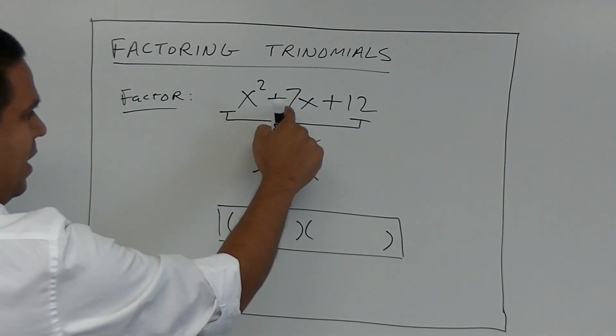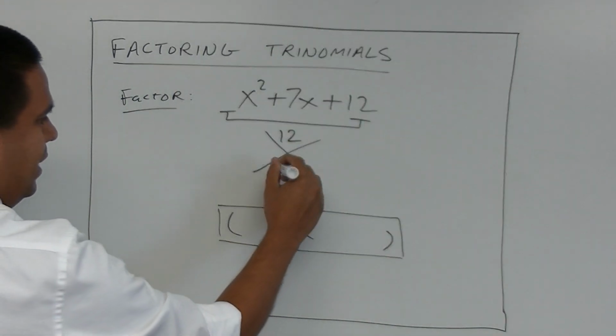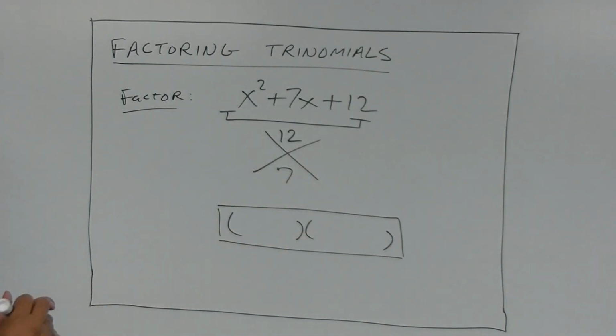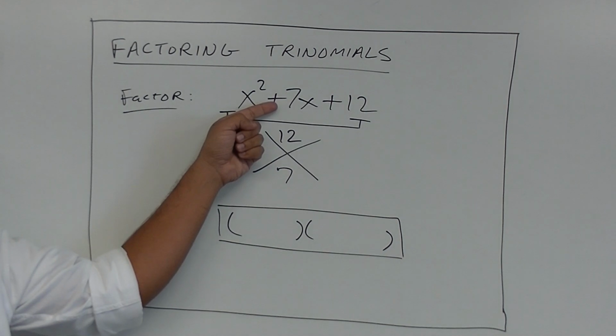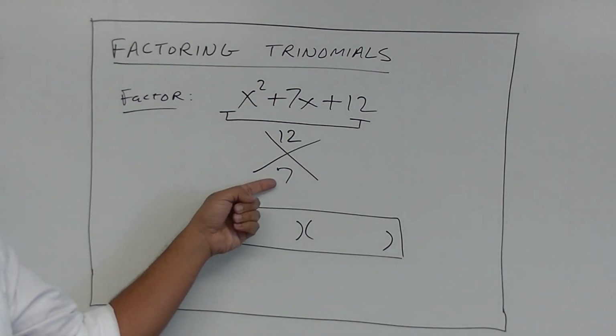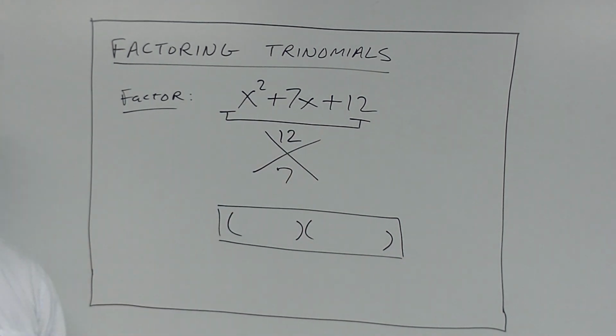And then we take the 7, and we just bring it down right there. So 1 times 12 is 12. The middle number, the 7, bring it all the way down to the bottom of this big X here. Everybody good with that? Yeah.